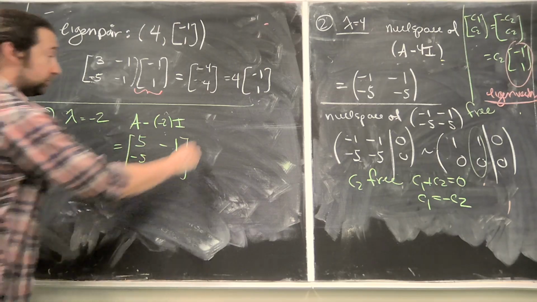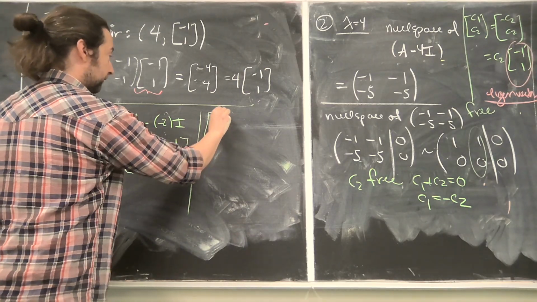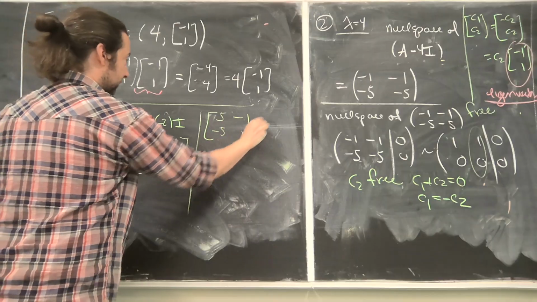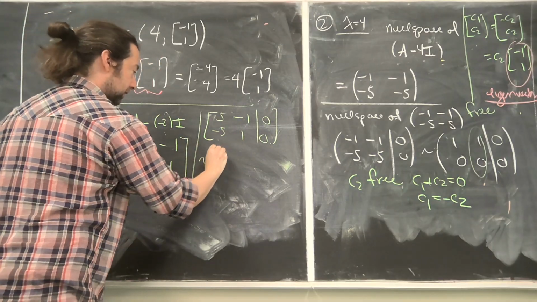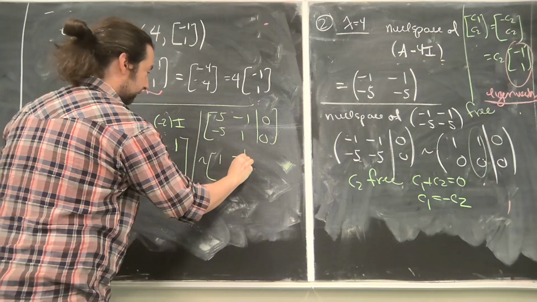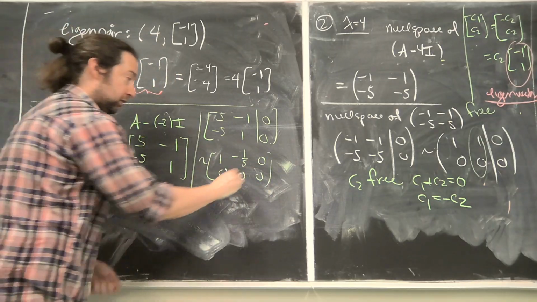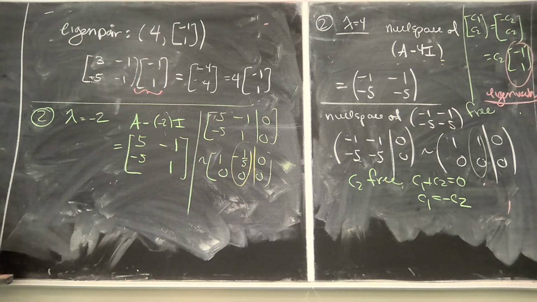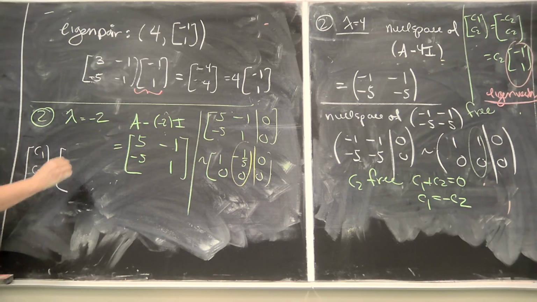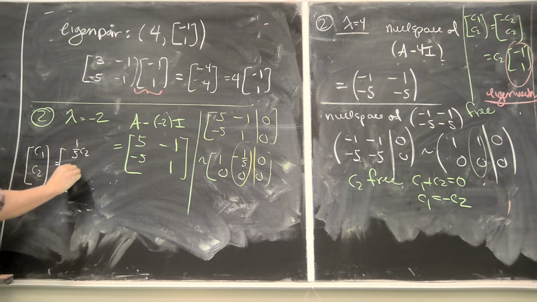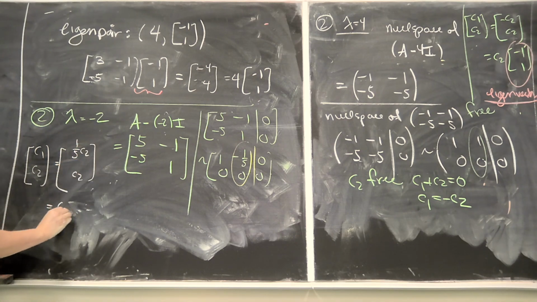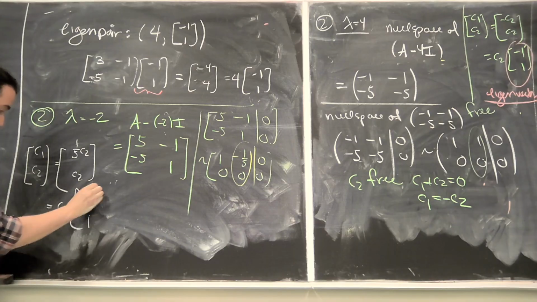If you calculate the null space of that matrix, so if you write 5, -1, -5, 1, 0, 0, and you row reduce it, you get 1, -1/5, 0, 0, 0, 0. So again, you have a free variable, which is what we're looking for. And so the solution set for that null space is going to turn out to be (C1, C2) equal to C2 times the vector (1/5, 1).